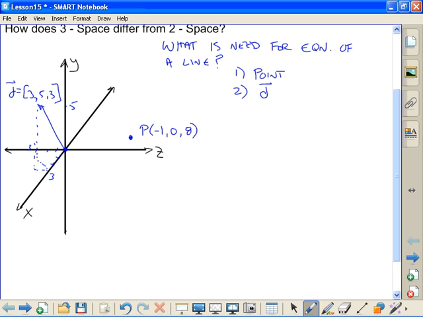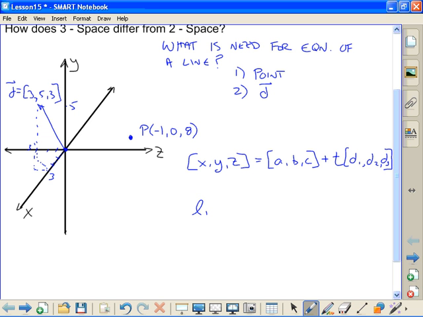So if those are the only minor changes, that we've added a z coordinate, it would lead you to believe that the only change with our vector form is that it now has a z component, which would mean that we would have our point P, which would be A, B, and C, plus our direction vector, which would now be D1, D2, and D3. So it would have 3 components. So there's our vector equation.